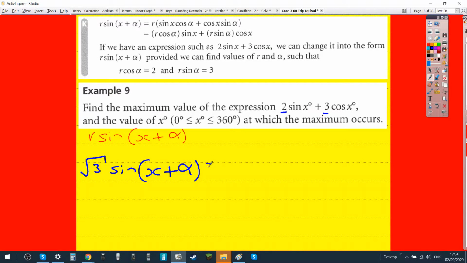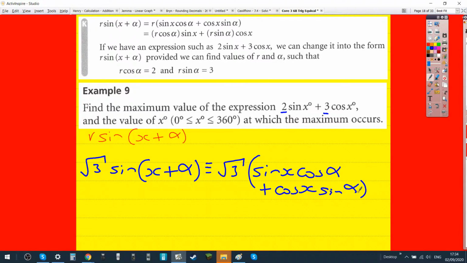Okay, so double angle formula, root 13. What would it be? Do you remember the formula for sine double angle? And what would it be for these two values? I think it is sine x cos alpha plus cos x sine alpha.